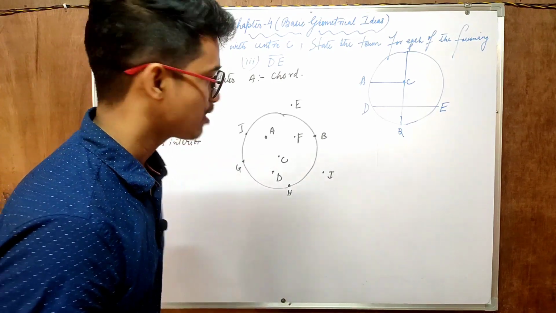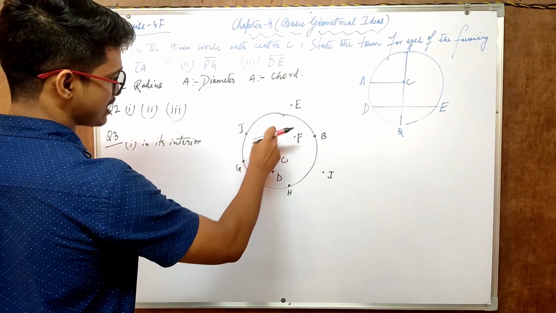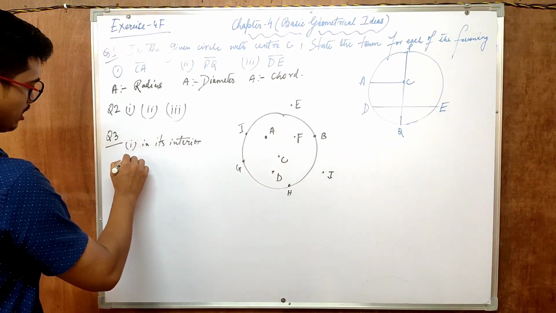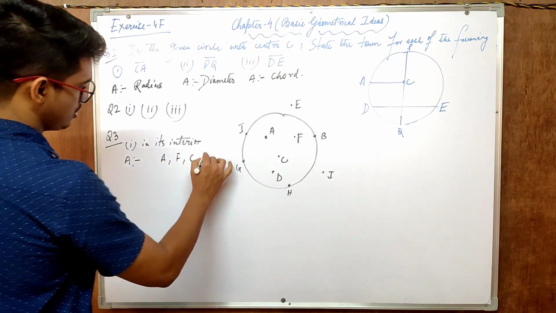What are the interior points? If you observe carefully, they are A, F, C, D. Very easy. So the answer is A, F, C, D.